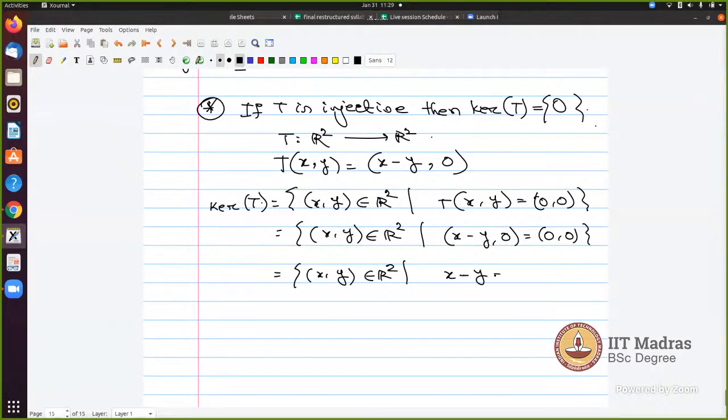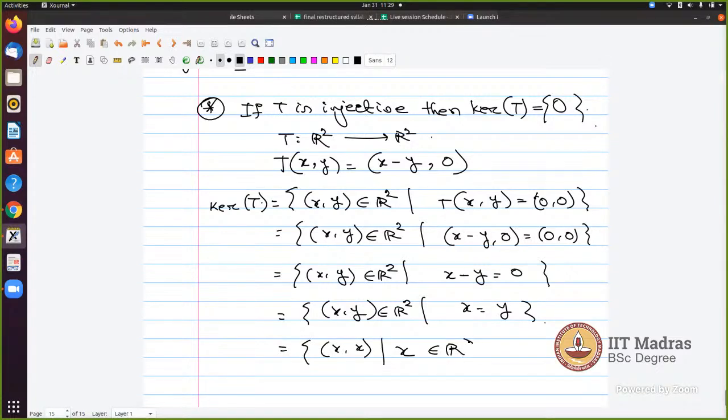So x minus y equals 0, that means x equals y. So basically (x, x) with x in R. All these types of vectors are in the kernel, right? Is this clear? Yes, sir.